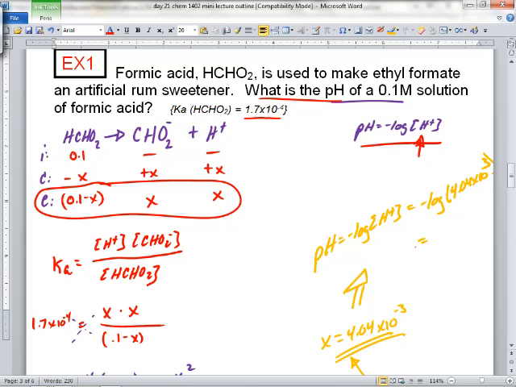Take the log of it, about 2.39 is what I got for the pH. Okay. Very different answer than if you would have just taken the log of 0.1. All right, so that's very different. Okay. 2.39.